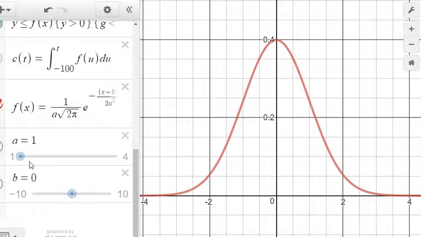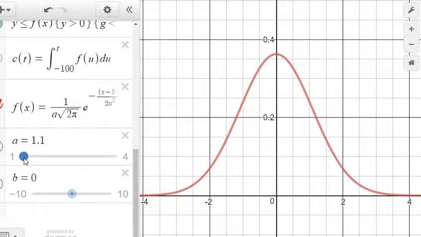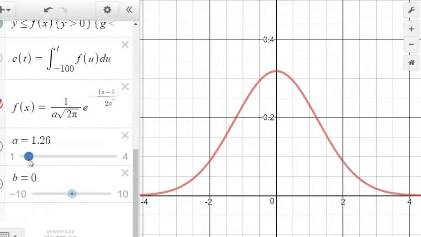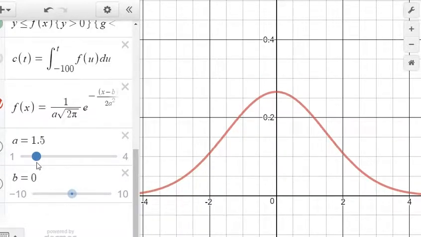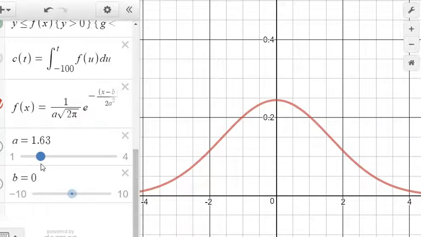Now this is again your standard normal curve, but what if I increase this value here, a, which in this case reflects our standard deviation? Watch what happens to the curve as you increase a. Not only is it getting shorter, but what else is happening? It's getting fatter, more spread out. And that's what the standard deviation does.